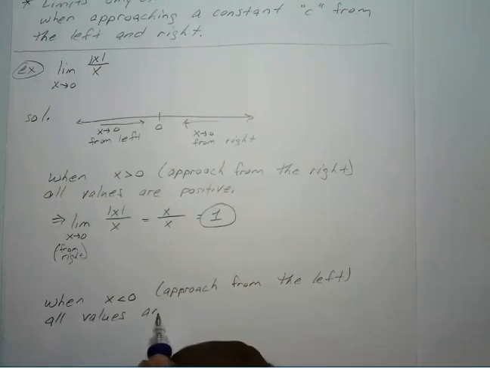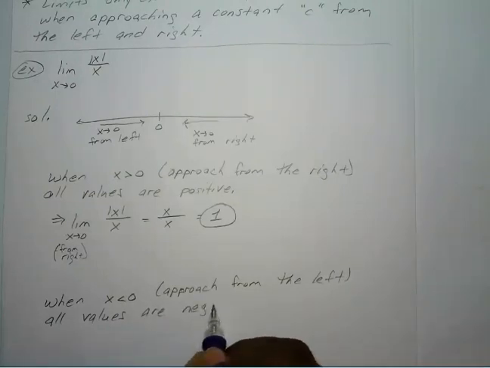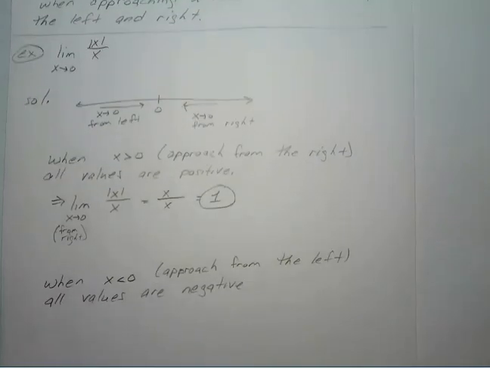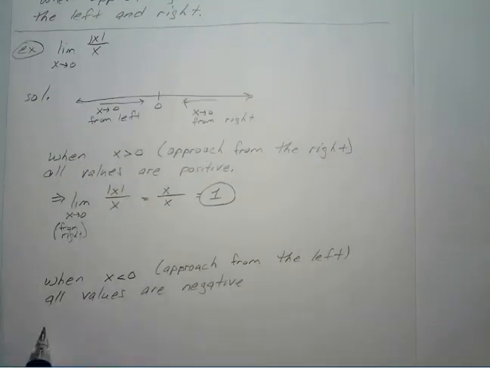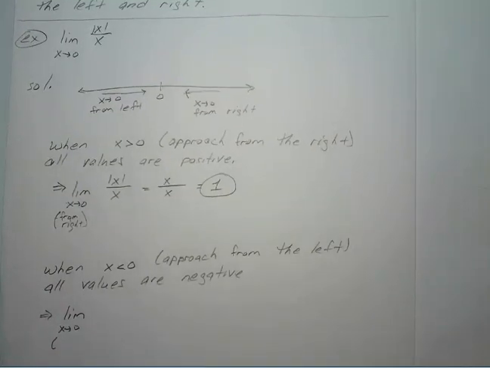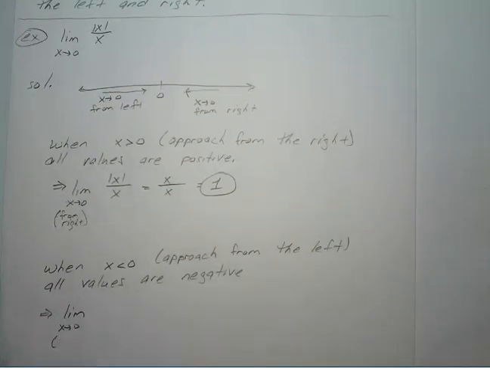All values are negative. So how does that look with this one? You have the limit as x approaches 0, and we'll wait to denote that a little later, but we're just coming from the left.